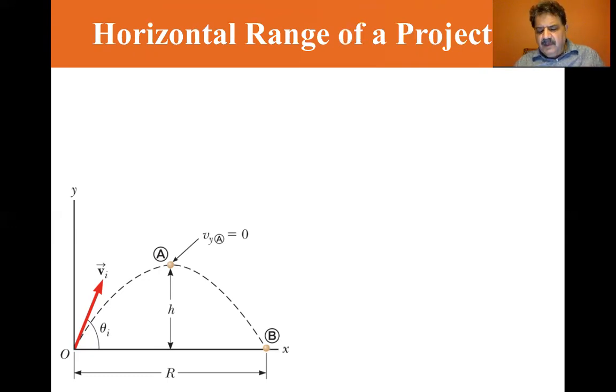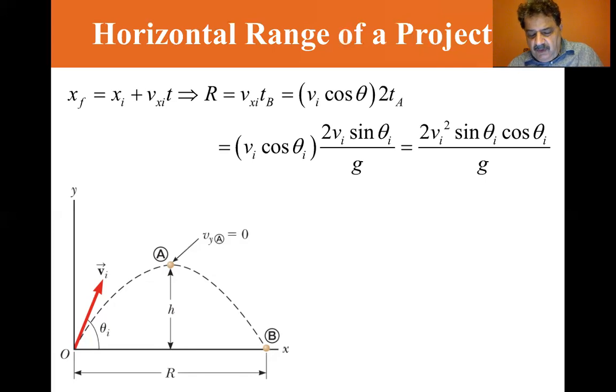Using the particle under constant velocity model with vx initial equal to vx B equals vi cosine theta, and setting x sub B equal to R at t equal to 2 t A, we get this equation. The range is equal to 2 vi squared sine theta cosine theta divided by g.